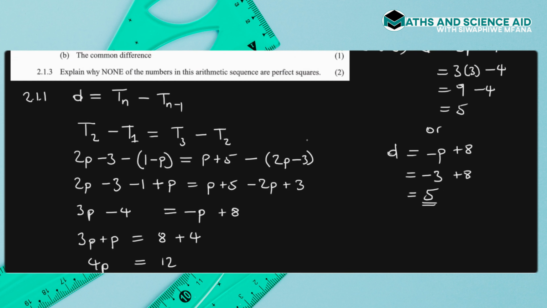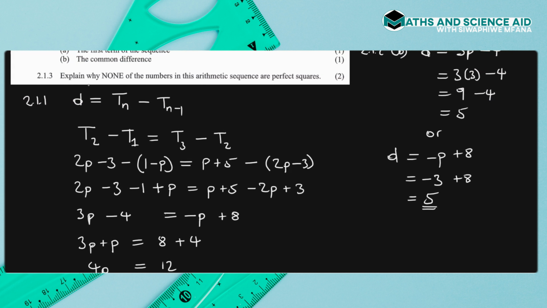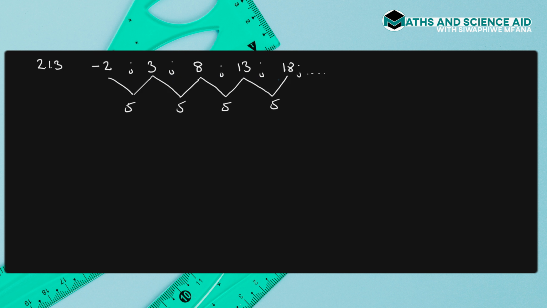Let's refer to the question again. The question is, explain why none of the numbers in this arithmetic sequence are perfect squares. All right. So if you examine the terms of this sequence, you'll notice that besides negative 2, all the other terms either end with 3 or 8, and this can go on and on.